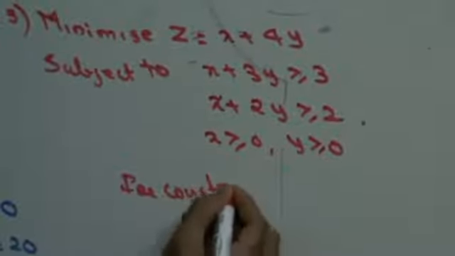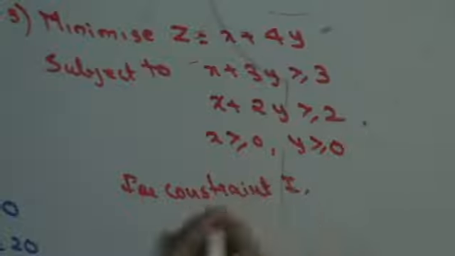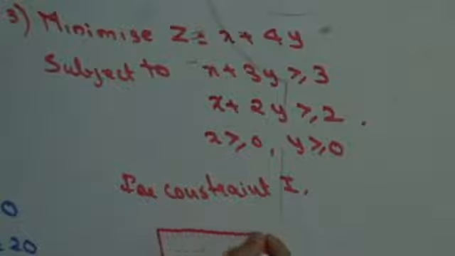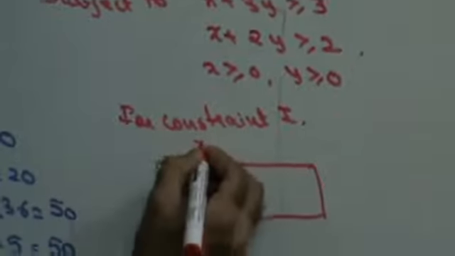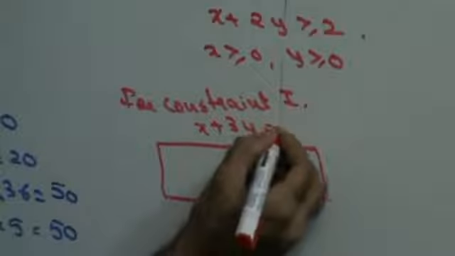I can say for constraint 1, constraint 1 is x + 3y = 3.